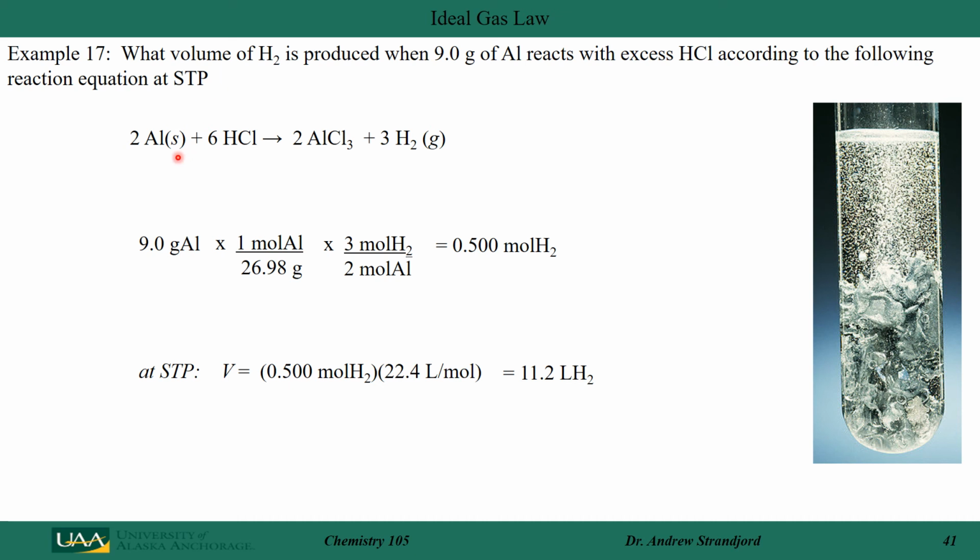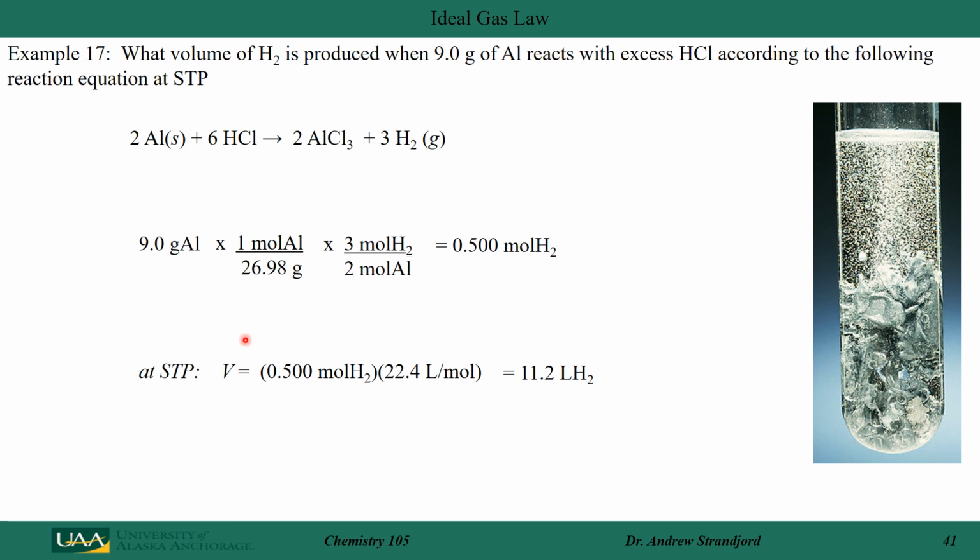So the first thing I need to know is I have 9 grams of aluminum. I want to calculate how many moles of hydrogen I generate. So I take 9 grams, divide it by the molecular weight of aluminum, convert moles of aluminum into moles of hydrogen based on the reaction equation here. I end up with 0.500 moles of hydrogen gas.